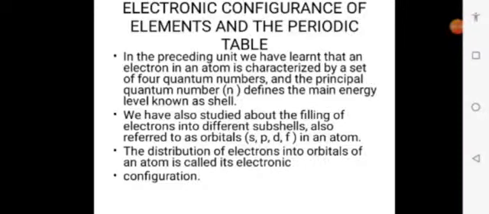It decides the period of any element. Suppose nitrogen: it has the electronic configuration 1s2, 2s2, 2p3. It means the last electron enters the 2p orbital, the second shell, so its period is second.